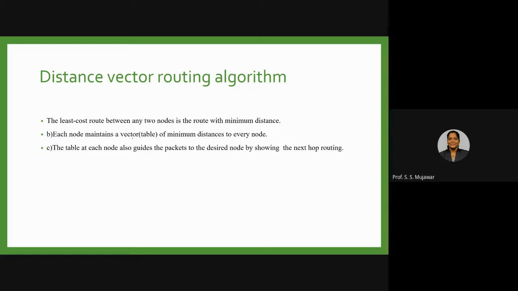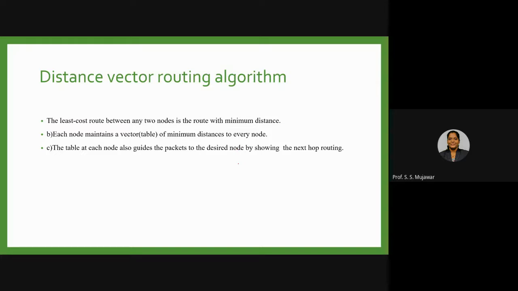So each node maintains a vector table, the table which we have already discussed. Each node maintains a vector table of minimum distances to every node. The table at each node also guides the packets to the desired node by showing the next hop routing.